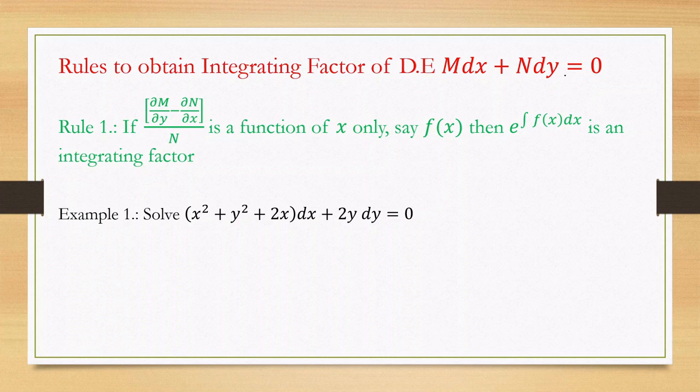In this lecture, we see only one rule. If dou M by dou y minus dou N by dou x, upon N, is a function of x only, say f of x, then the integrating factor is e raised to integration f of x dx.